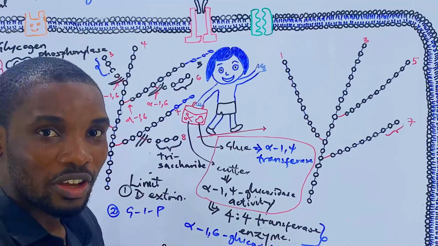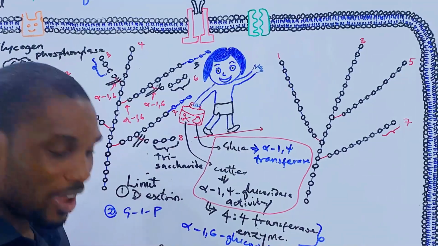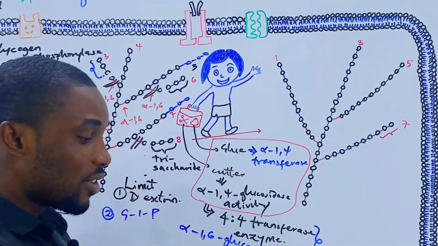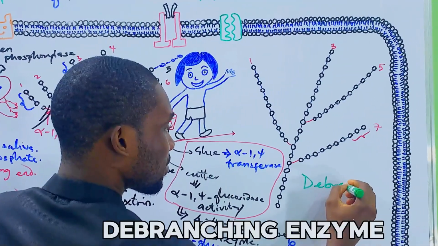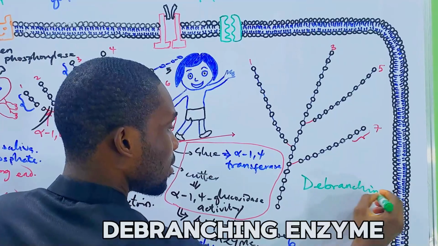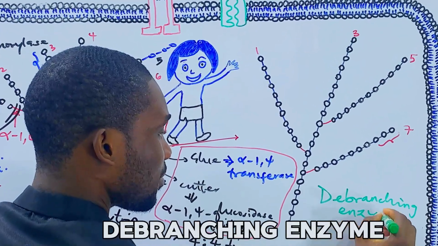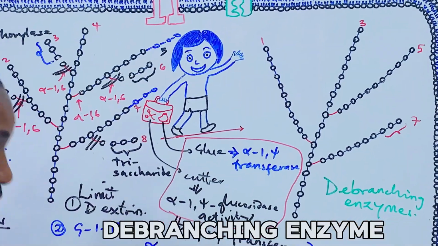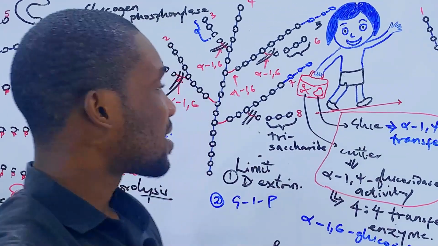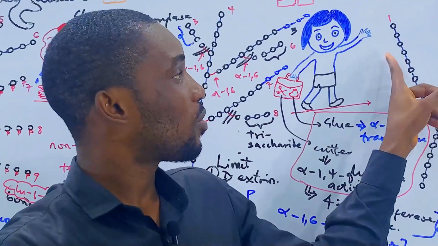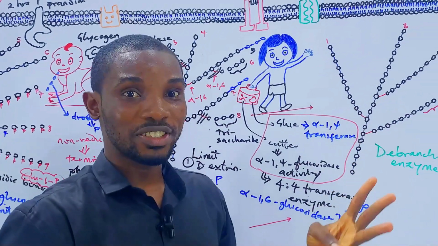What should we call mother? A debranching enzyme. So mother's real name is debranching enzyme. That's pretty cool, right? Because you can see that mother has totally broken off so many branches, from 8 to 1, 2, 3, 4. 4 branches, right?